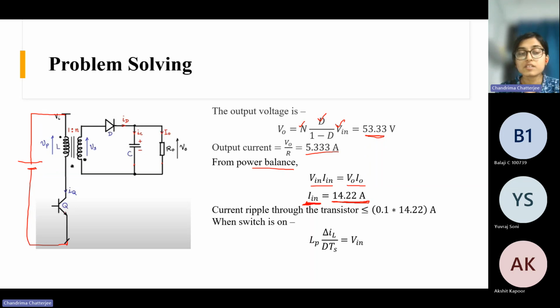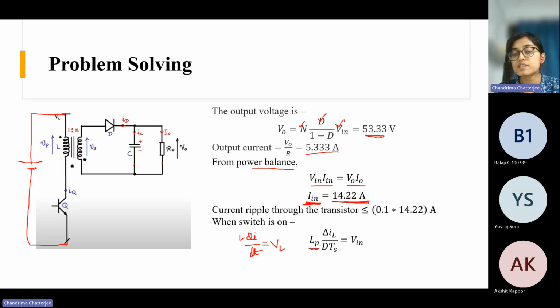During this DTS period. Suppose that inductance is LP. So L di by dt is equal to the voltage. This is the fundamental principle. L di by dt is equal to VL, right?